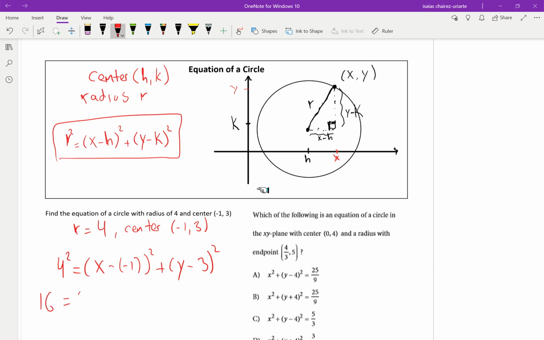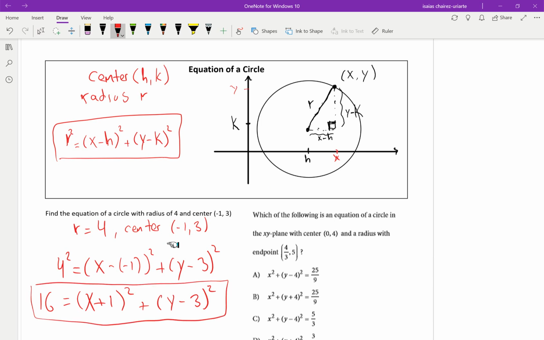So this becomes 16 equals, and here be careful with your signs, x minus -1 is like saying x plus 1. So x plus 1 squared plus y minus 3 squared. And that is the equation that we should have gotten.